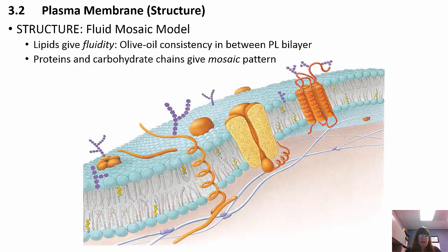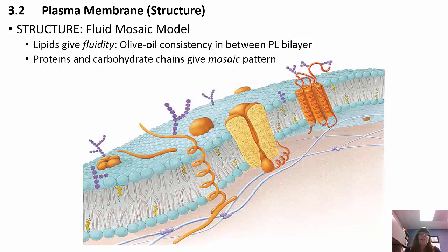So the plasma membrane is known as a fluid mosaic model. It has some fluidity to it, but yet it stays together pretty well. It has an olive oil consistency in between the lipid bilayer, and it's made up of phospholipids. Those blue things with the little white tails hanging from them, those are the phospholipids.